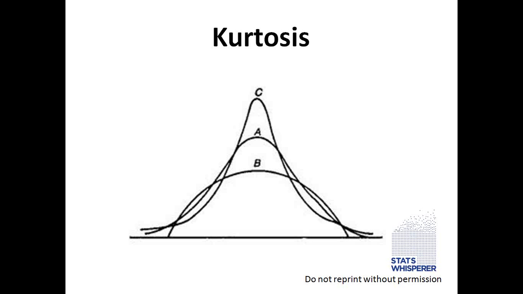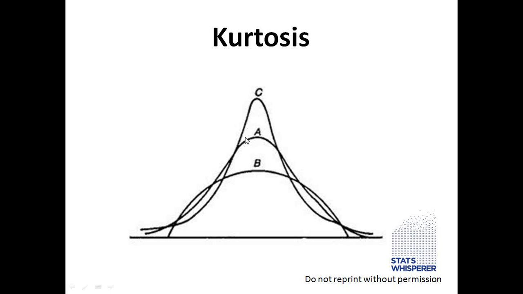You can see the lines move down here. That means the people here are missing. Where it would be normal, they're missing, and they're up here. So the dispersion is too flat. That's the kurtosis, how it's dispersed.